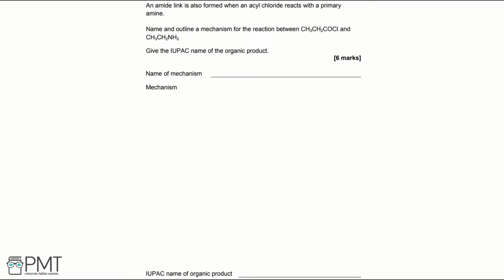If we draw out our reactants first, so our acyl chloride, CH3CH2COCl, and then we're going to draw our primary amine, which is CH3CH2NH2, and the nitrogen will have a lone pair.